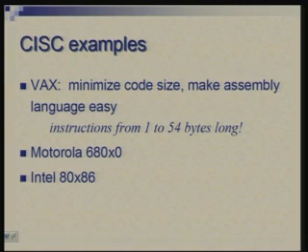Other classical examples of CISC machines are the 680X0 series from Motorola. Okay, so, starting with 68,000, then 68, 10, 20, 40, 60 and so on.